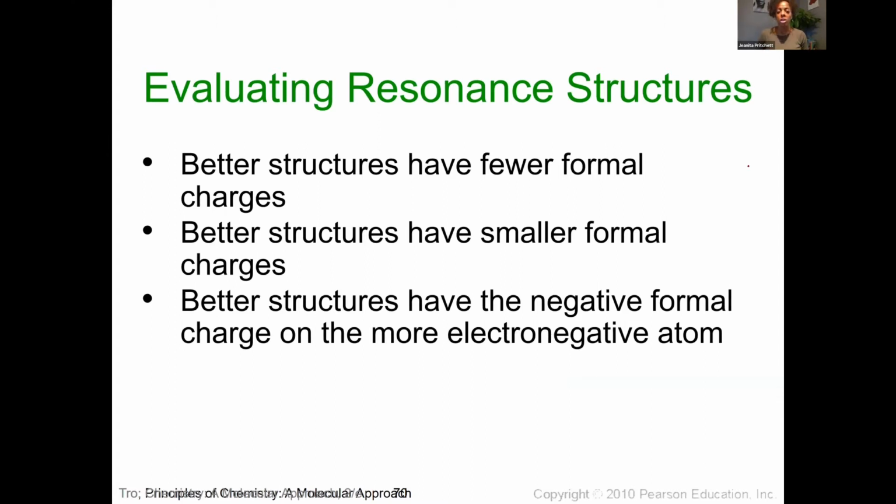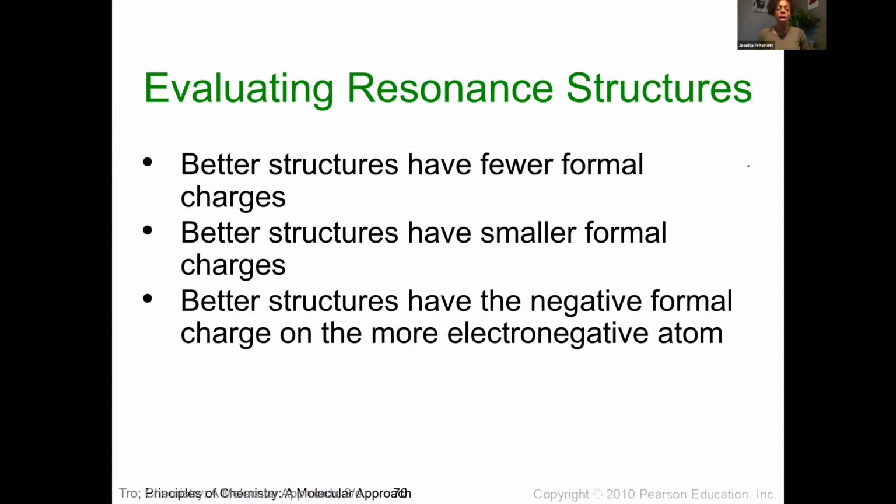The better structure will also have the smaller formal charges. Sometimes formal charges are inevitable, but you're looking for the smaller number, so a 1 versus 2 or 2 versus 3. And last but not least, and probably to me one of the most important rules, the better structure is going to have the negative formal charge, if one exists, land on the more electronegative atom.